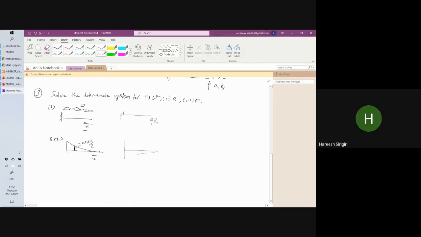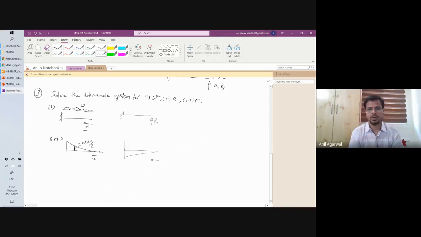R into x, okay, I'm counting x from here. So this will be R into x, and this is plotted downward because this one will produce tension on the lower side.